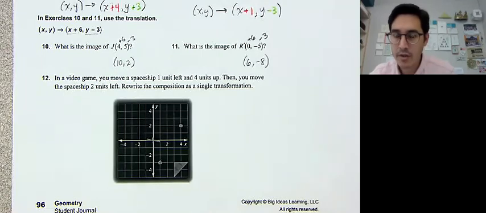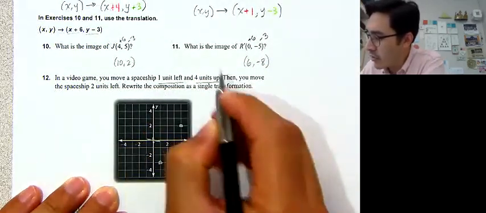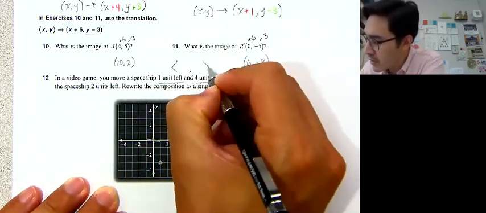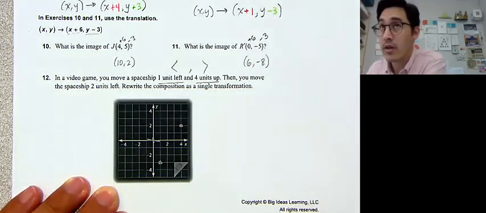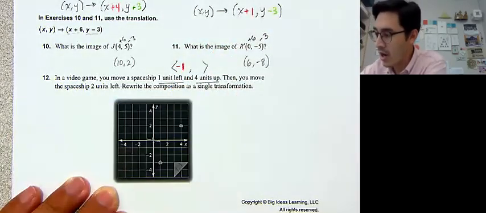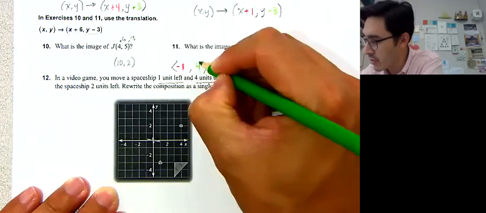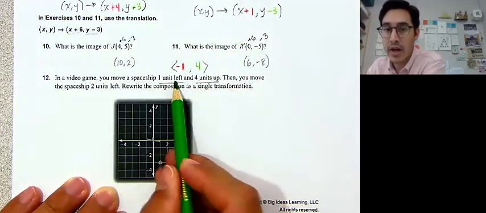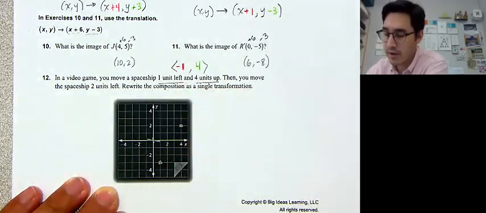So let's write these as vectors first. 1 unit left and 4 units up as a vector would be, left would be going backwards, so that'd be -1. And up is the positive direction for verticality, so that would be +4. So going left 1 and 4 units up as a vector would be -1 and +4.